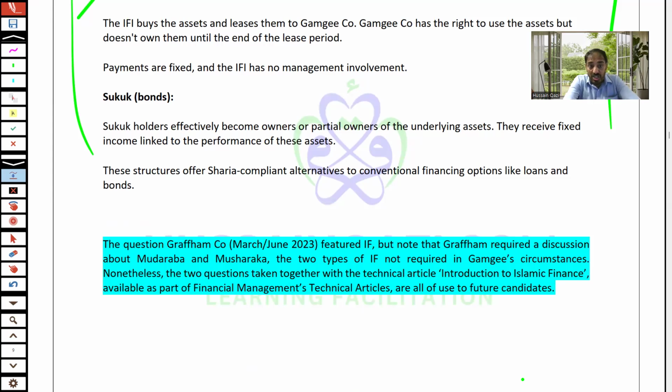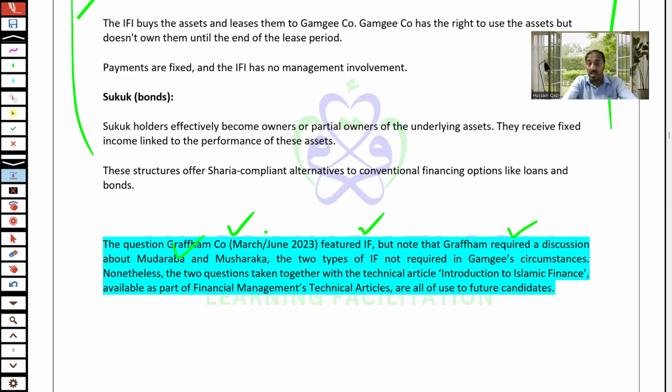Very important: in another past paper question, the Graphim company, featured Islamic finance, but note that Graphim required a discussion about Mudarabah and Musharakah. So if you attempt this question, simultaneously attempt the Graphim question, and read the article, you will be able to understand Islamic finance very precisely.